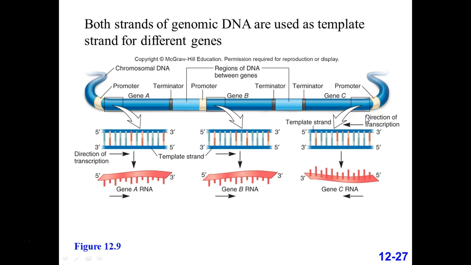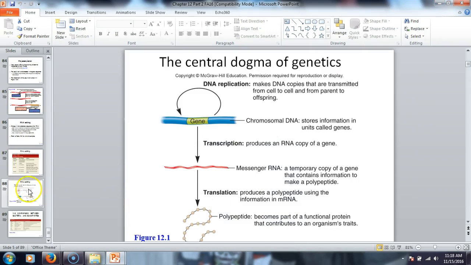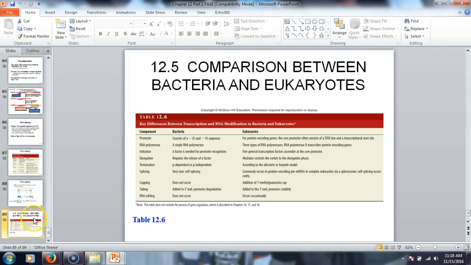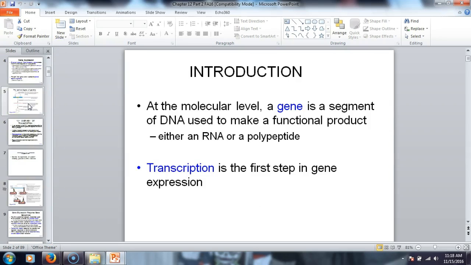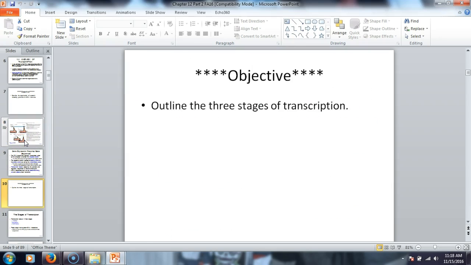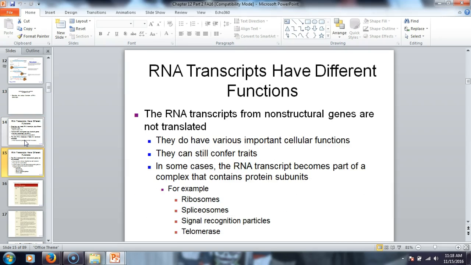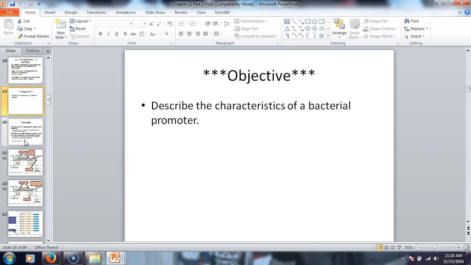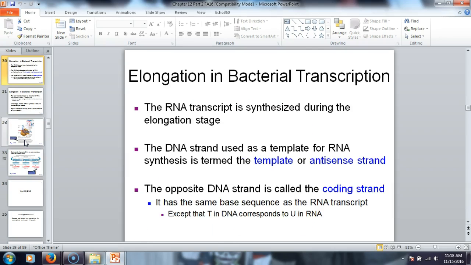Usually it's either the top or the bottom strand, depending on how the gene is oriented within the chromosome. So that was last time. We talk about elongation, spliceosomes, the promoter, the enzyme.